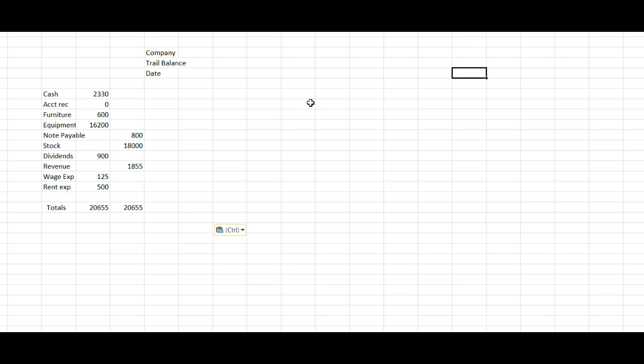So we're going to take a look at the three financial statements that we can put together from a trial balance. What I've done is copied over a trial balance from, I believe, the sample problem at the end of chapter 1 or 2. We're just going to take a look at what we can do in terms of financial statements from here.